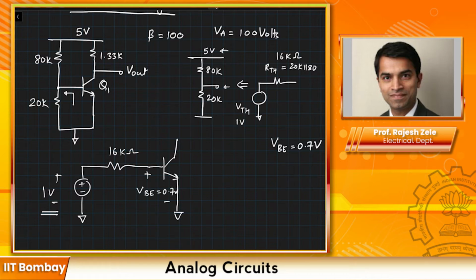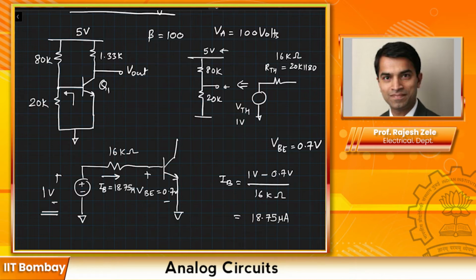As soon as we know that, we can tell the current flowing through this resistor, which is our IB. IB is equal to 1 volt minus 0.7 volts divided by 16K ohms, which is equal to 18.75 microamps.